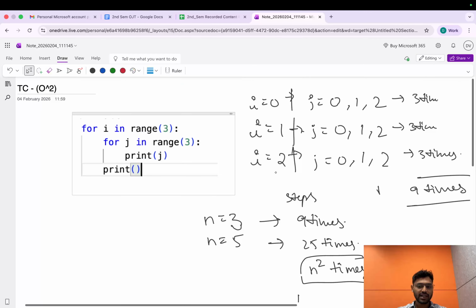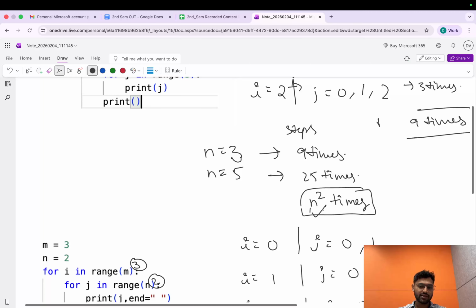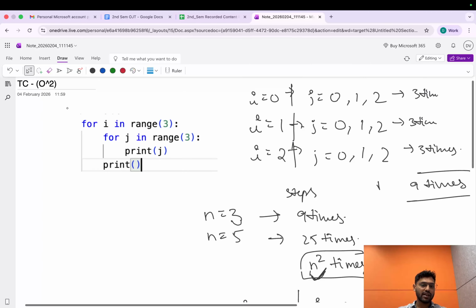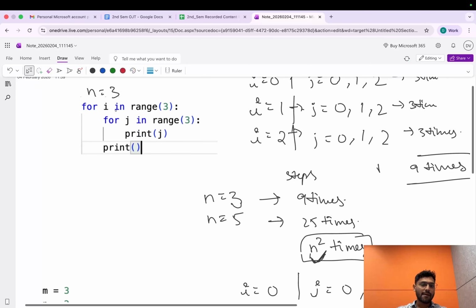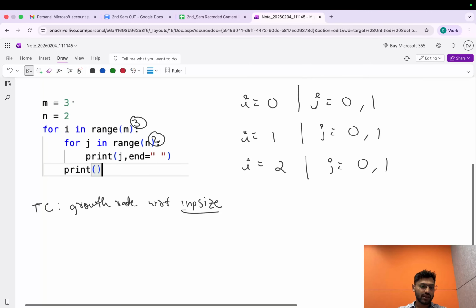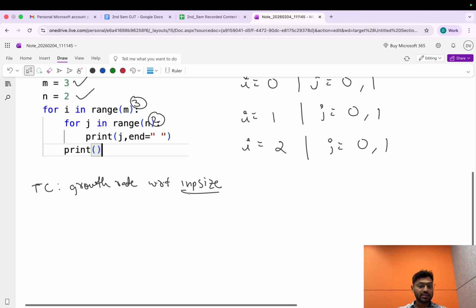We are representing it with respect to input size, right? In all the cases before, there is only one variable, n. But here, there are two variables, m and n. With respect to input size, we should make use of two variables.